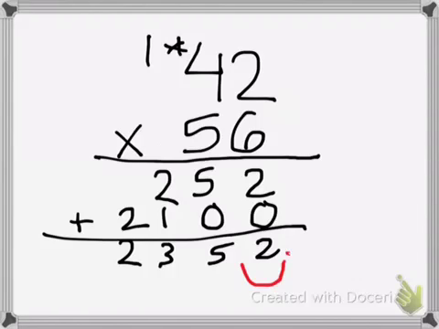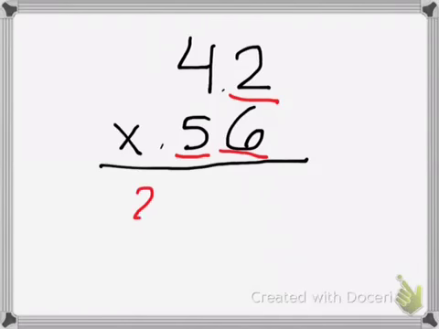I'm going to move it over 1, 2, 3, and create a new decimal point 3 places over. So that means that my answer to the original problem is 2 and 352 thousandths. So I'm going to write it below, and then we'll talk about why we can move the decimal places.